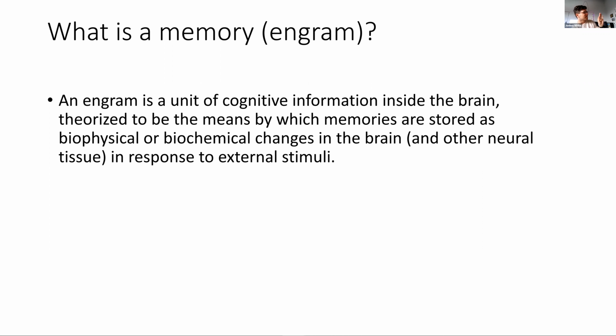So an engram is a unit of cognitive information, and I'm hand-waving on purpose here, that is theorized to be the means by which memories are stored, in biophysical or biochemical changes in the brain. Now, I also want to remind you that there is an interactive element where certain neurons have to fire in a sequence sometimes in order to end up with a memory. But there are obviously these biochemical and biophysical changes.